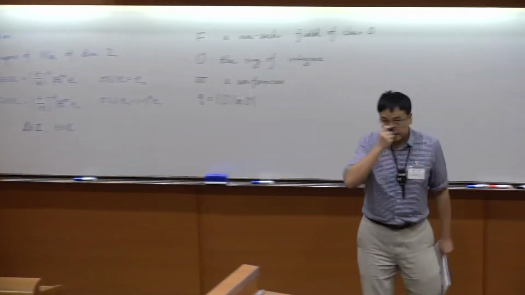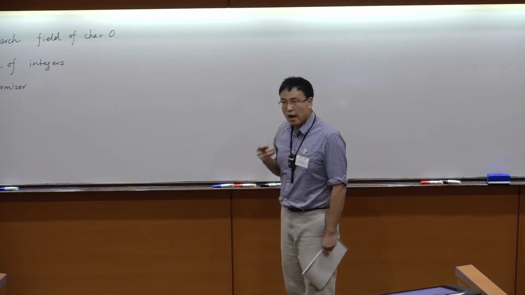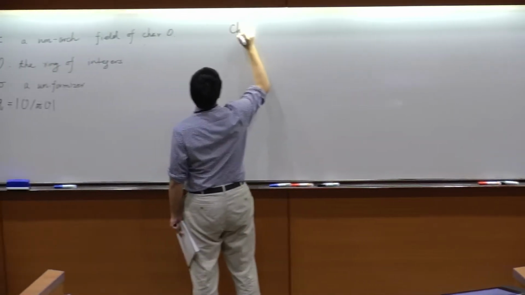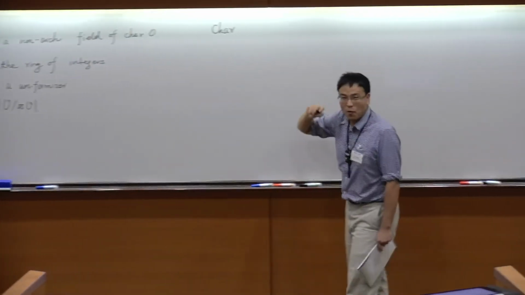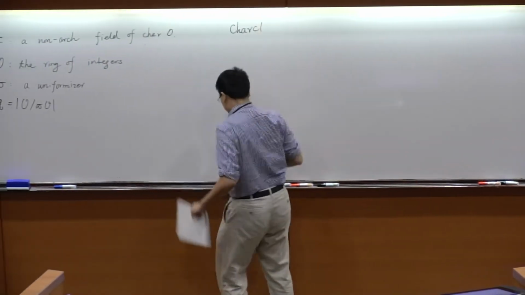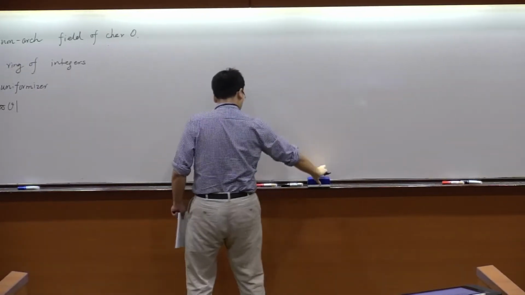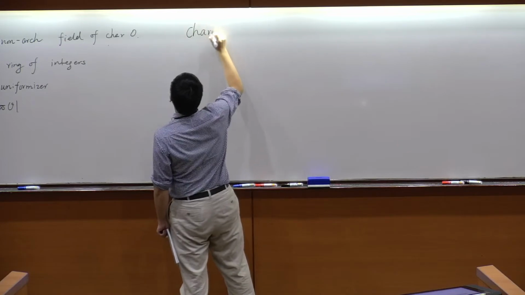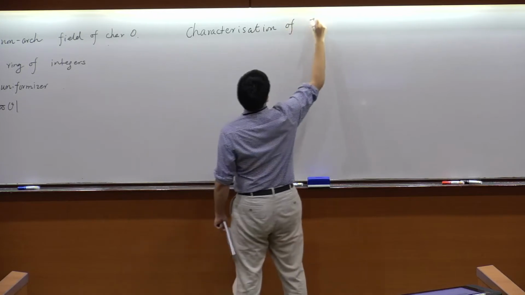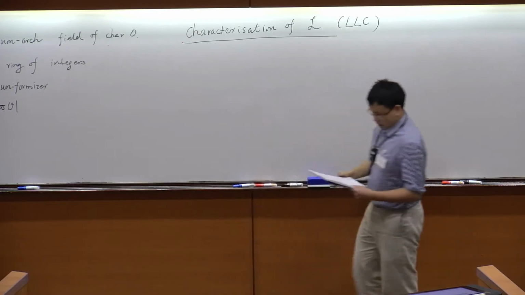Okay, next let's see. Yesterday we defined the L factors and the epsilon factors for the Weil representation and also the parameters. So I'm going to borrow Witten's title for one slide, the characterizations of the local Langlands correspondence.